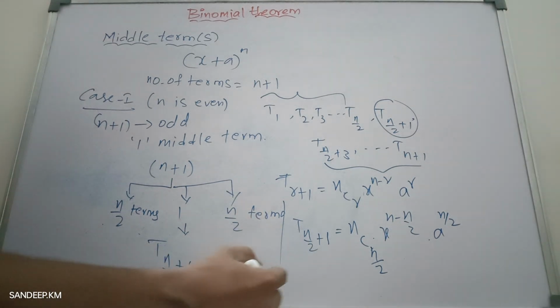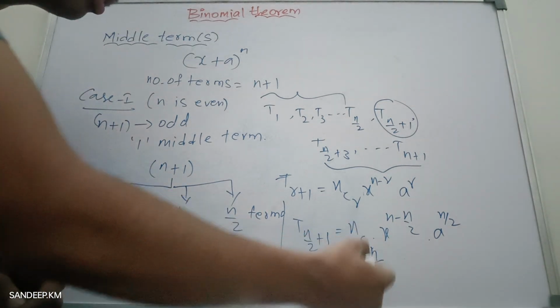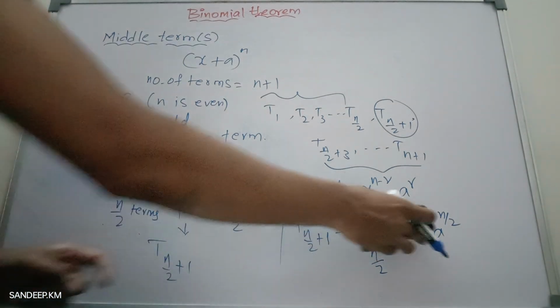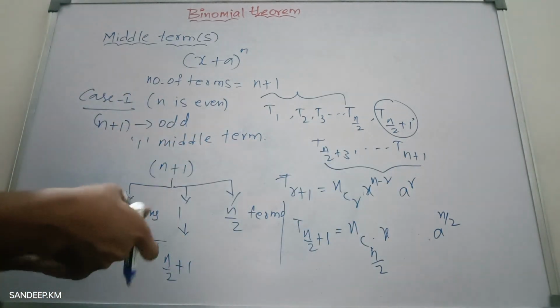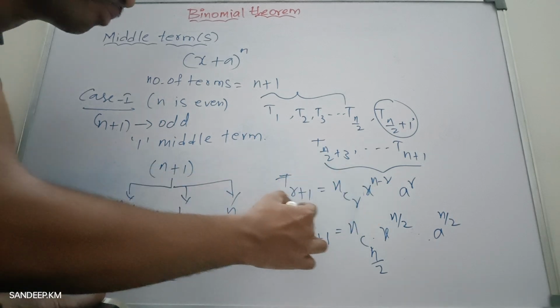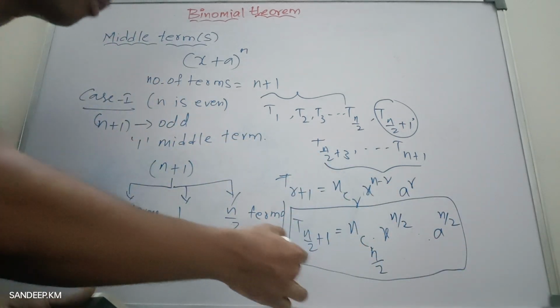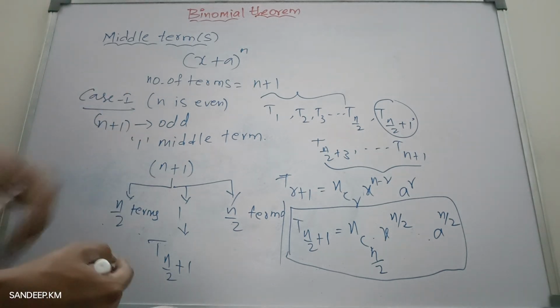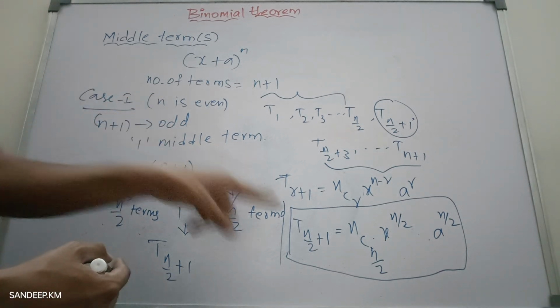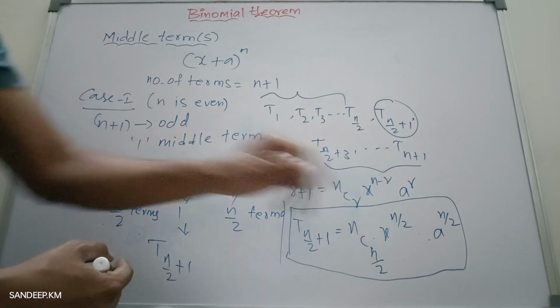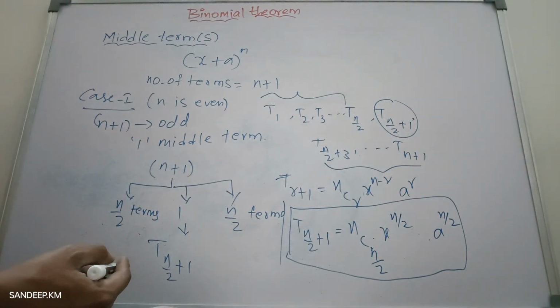So therefore, dear students, the middle term is given by nC(n/2) into x^(n - n/2), which will be equal to x^(n/2), correct or not, into a^(n/2). So this is the middle term of this expansion. There is only one middle term if the index is even, and it is given by T(n/2 + 1), which is nC(n/2) x^(n/2) a^(n/2).